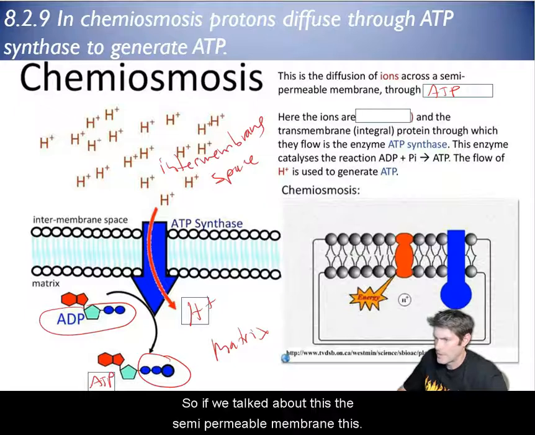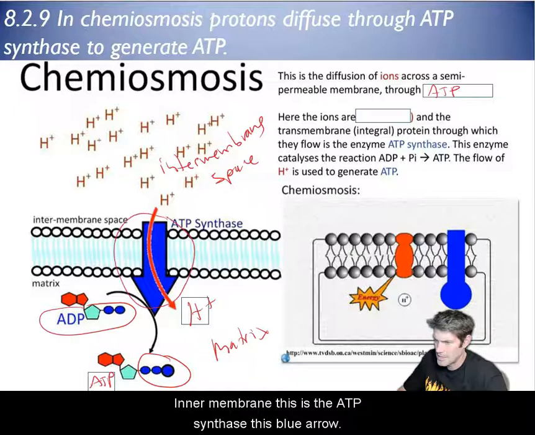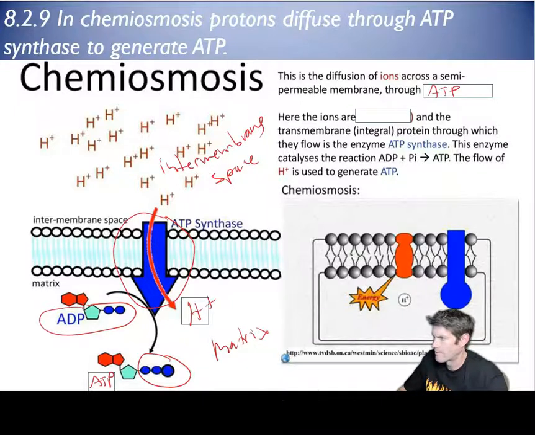So what we talked about, the semi-permeable membrane, this inner membrane, this is the ATP synthase, this blue arrow. Synthase.